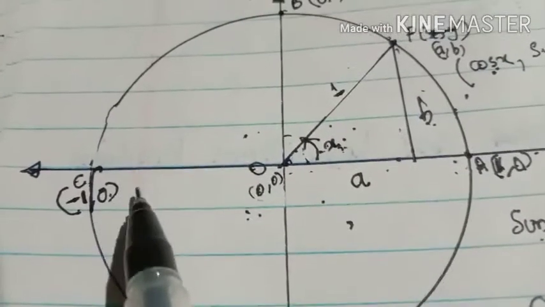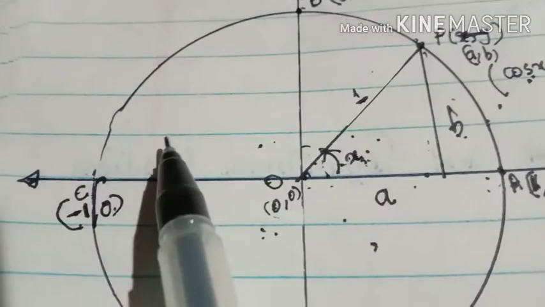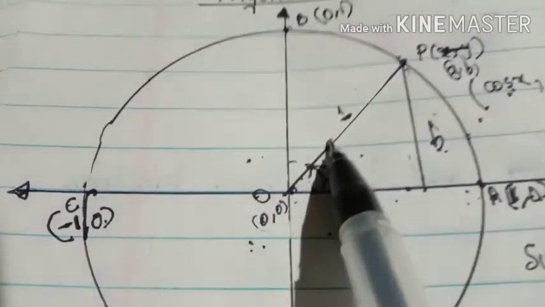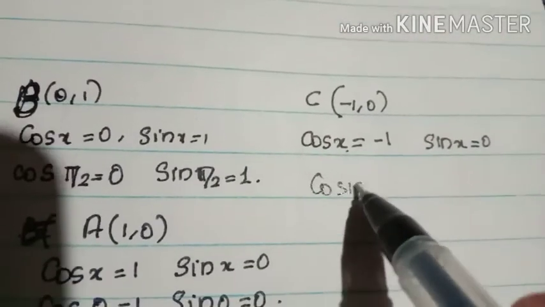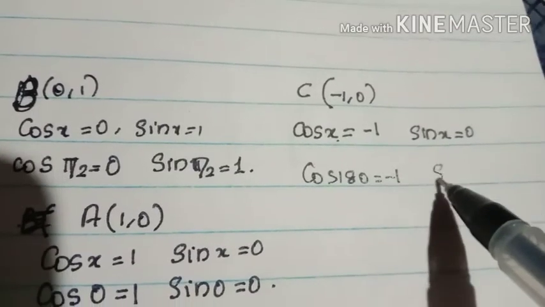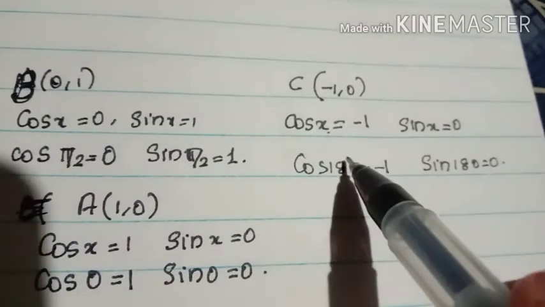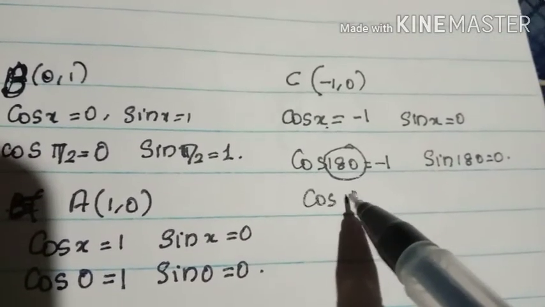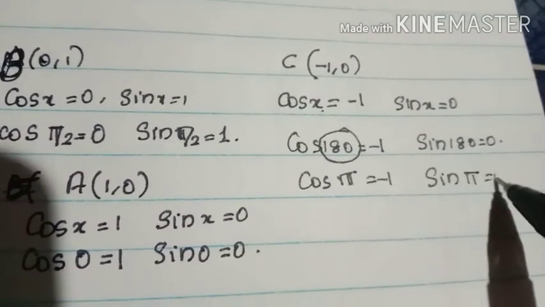Minus 1, 0 belongs to the second quadrantal angle and therefore the angle becomes 90 plus 90, that is 180. So here cos 180 is minus 1 and sin 180 is 0. We can consider pi radian: cos pi equals minus 1 and sin pi equals 0.